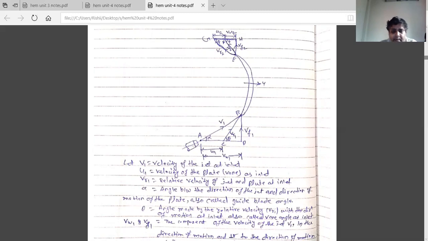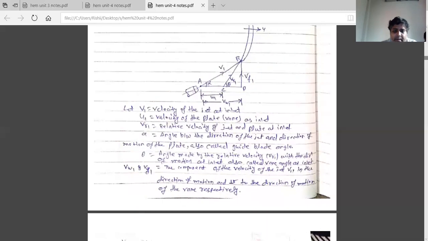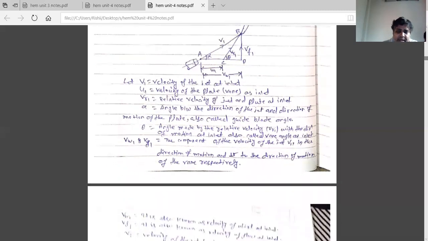Alpha is the angle between the direction of the jet and the direction of motion of the plate, also called the guide blade angle. Theta is the angle made by the relative velocity Vr1 with the direction of motion at inlet, also called the vane angle at inlet. Vw1 and Vf1 are the components of the velocity of the jet V1 in the direction of motion and perpendicular to the direction of motion respectively.